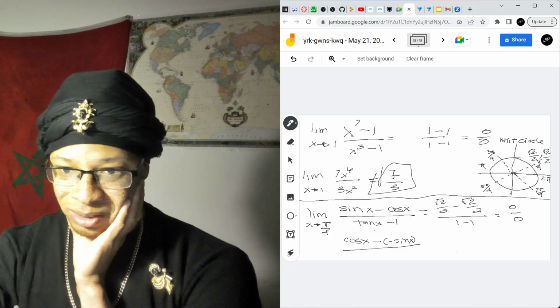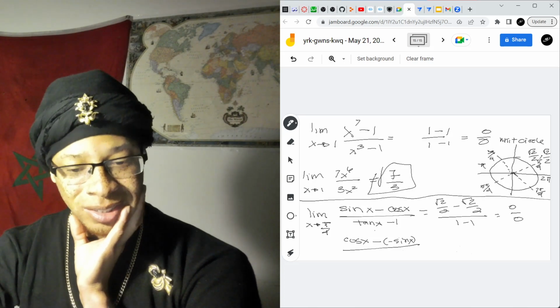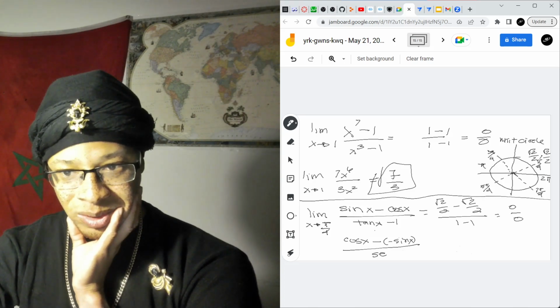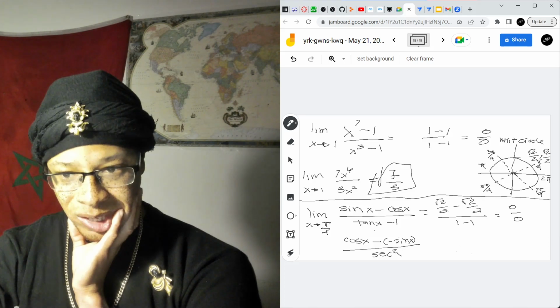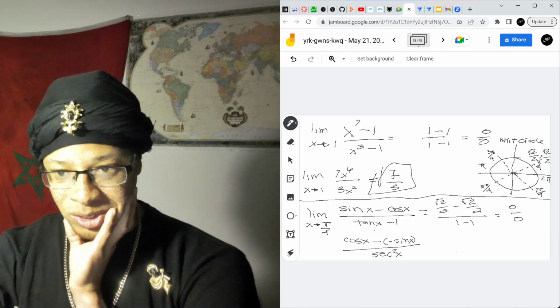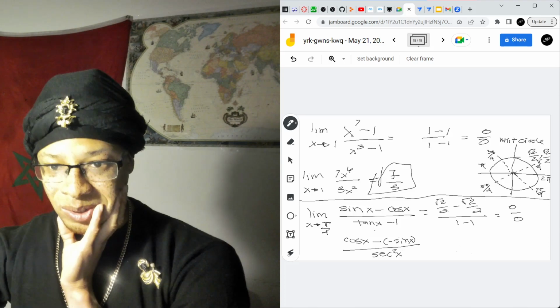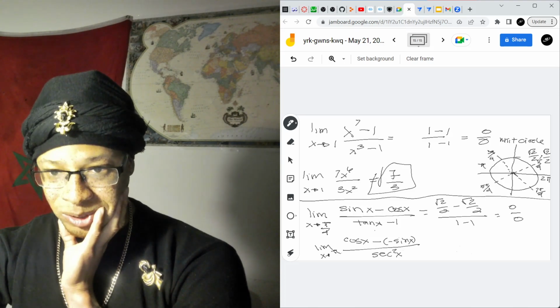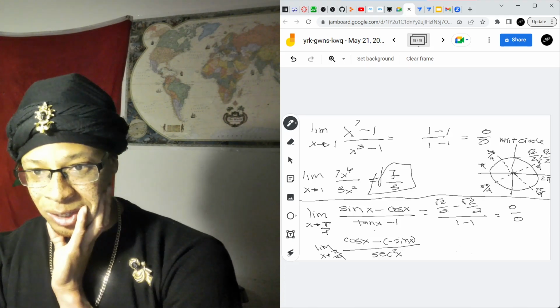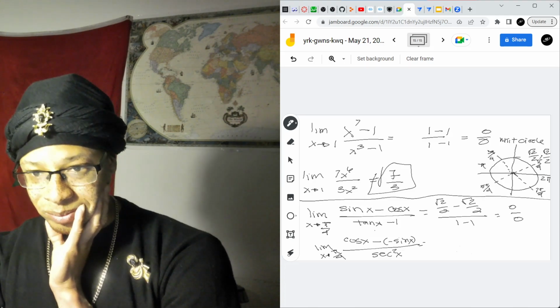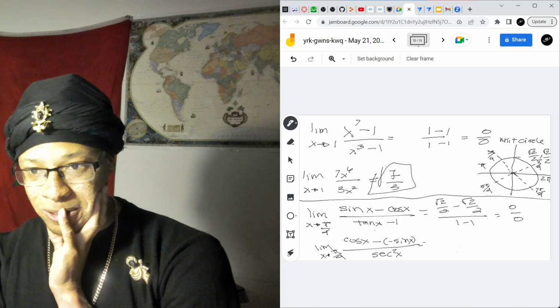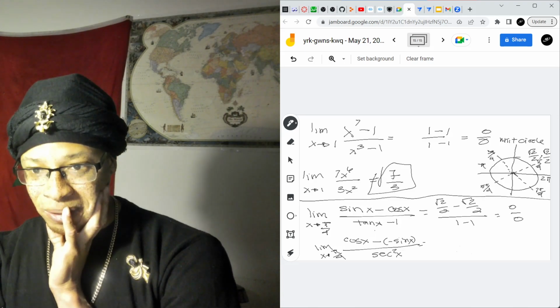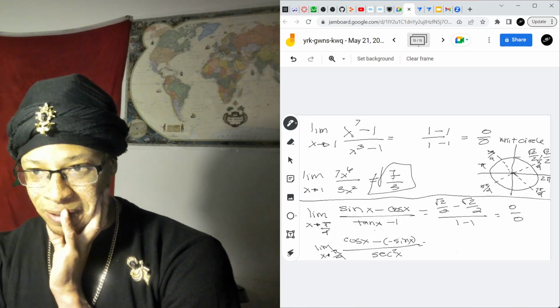And then the derivative of tan of x is secant squared x. And the derivative of 1 is 0, so we don't need that. So the limit as x approaches pi over 4 is cosine plus sine over secant squared x. So cosine of pi over 4 is what?